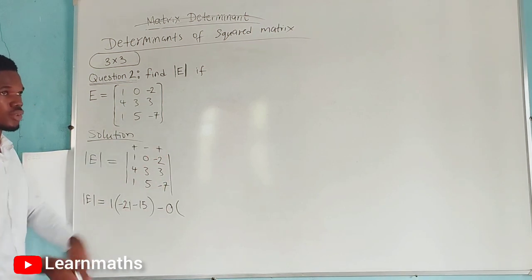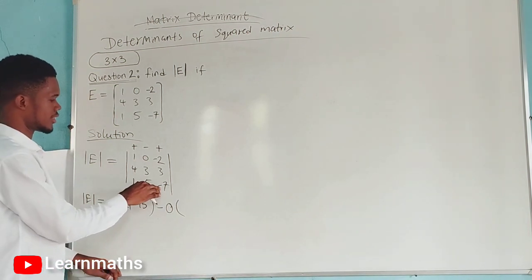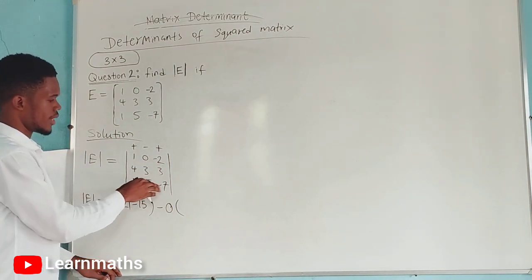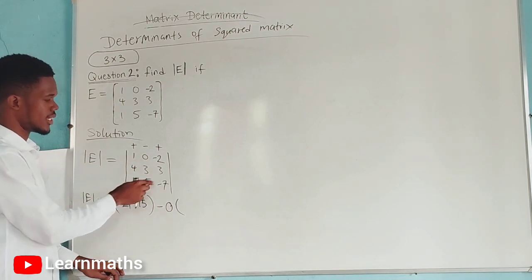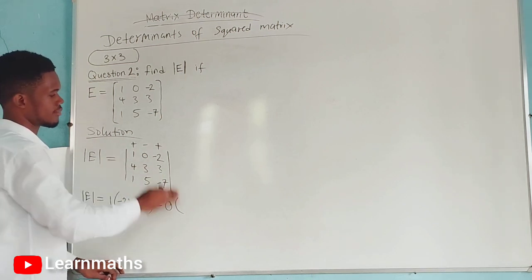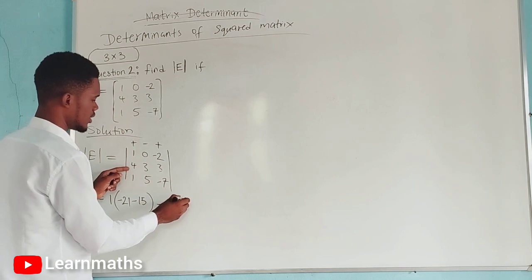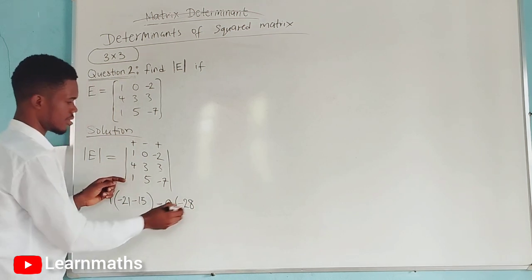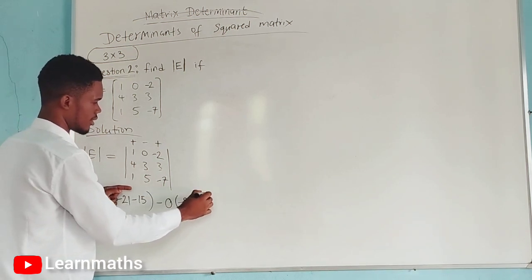So find the determinant of that 2 by 2 matrix: negative 7 times 4 minus 1 times 3. Negative 7 times 4 is negative 28, then minus 3 times 1, that's 3.